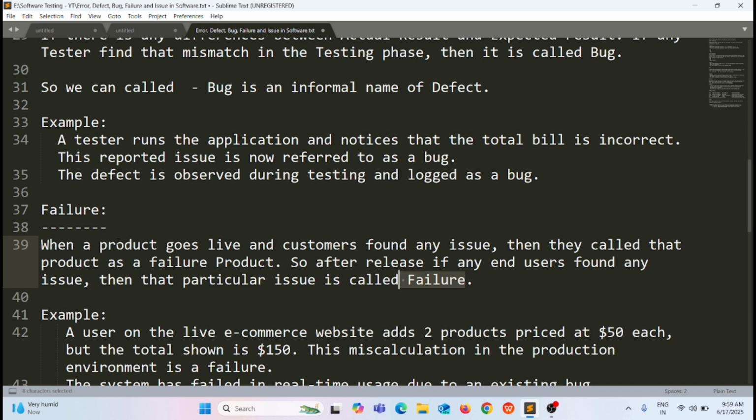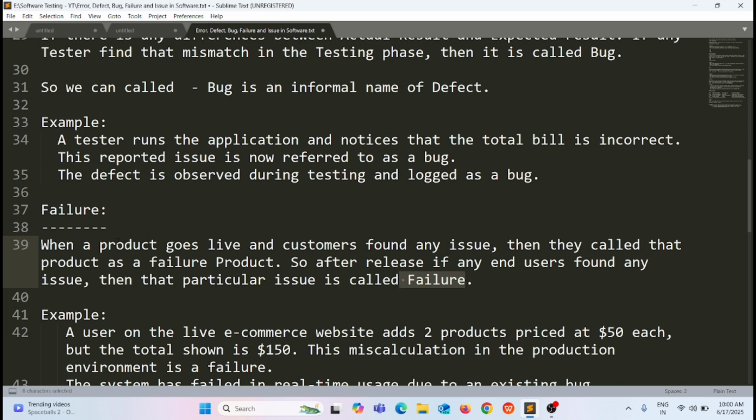Whenever you are going to eat, you notice that the amount of salt in that pizza is too high. The pizza is good, but the problem is that the salt is high. So immediately you will not eat that pizza. Means the product is a failure. The pizza is a failure. For that, the amount of salt is the issue.